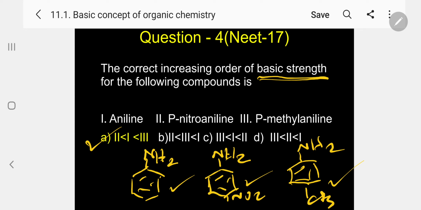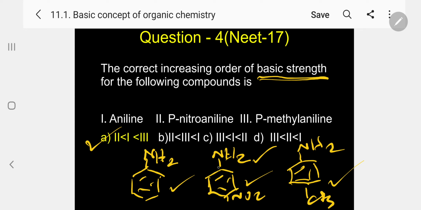So here you must understand, generally electron attracting groups will decrease the basicity and generally electron releasing groups will increase the basicity. Please follow, let me repeat again. This sentence is important to identify the answer. Generally electron attracting groups will decrease the basicity, whereas electron releasing groups will increase the basicity.